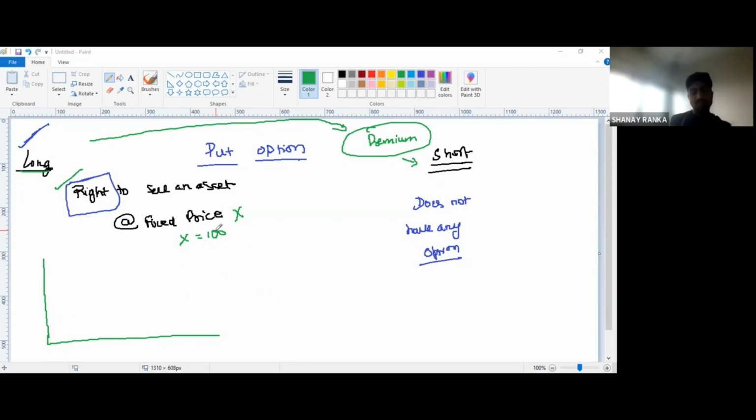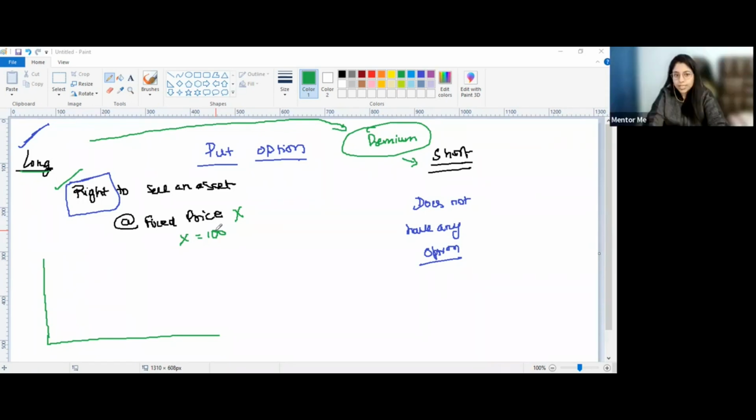No. So if the market price is above 100, as a long party, you have an option and you will not choose that option. Now, when will we choose the option? When the prices start to fall.